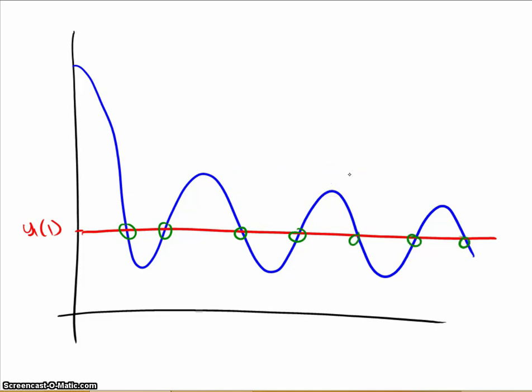When you assume y2 at 0 equals 1, you can see that this magnitude here is 1. But if I increase it to 2, you can see that you get a larger oscillation at the initial step.